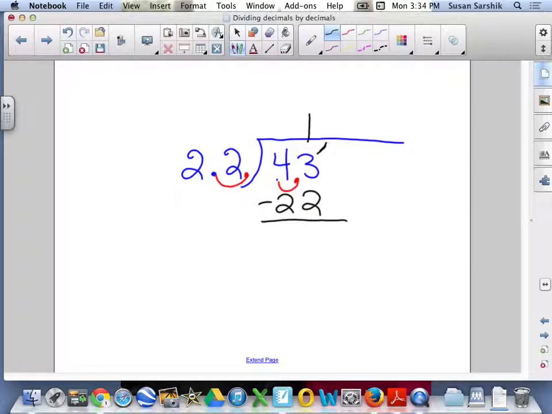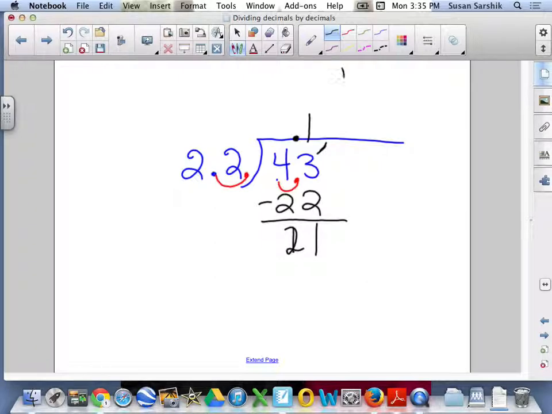I subtract. And I have a 21. 21, in fact, is less than 22. Now, I pop up the decimal point right there. But now that you're in 5th grade, you know we no longer have remainders, but instead we take it out to a certain place.